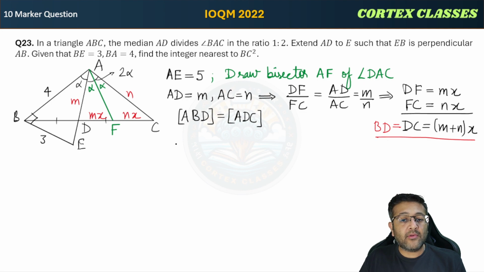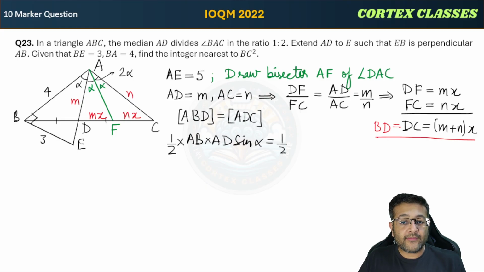So what is area of triangle ABD? Let's use the sine rule of the area of the triangle. So that is half into product of the sides containing angle alpha. So AB into AD into sine alpha, right? And what is area of triangle ADC?